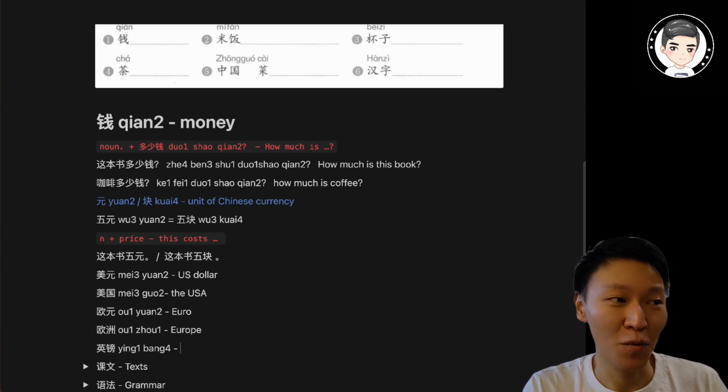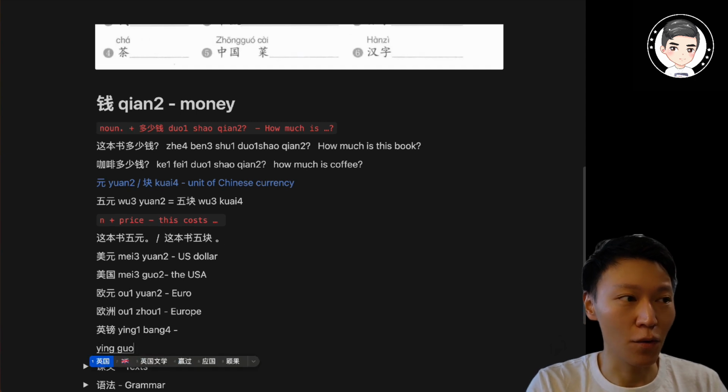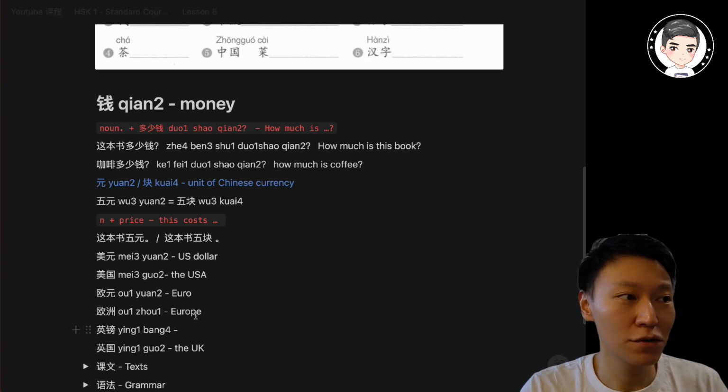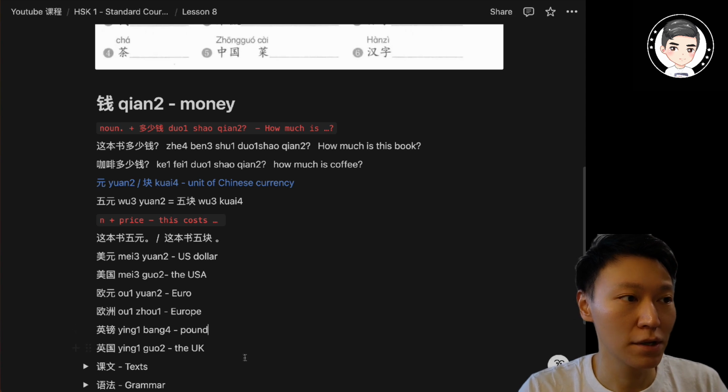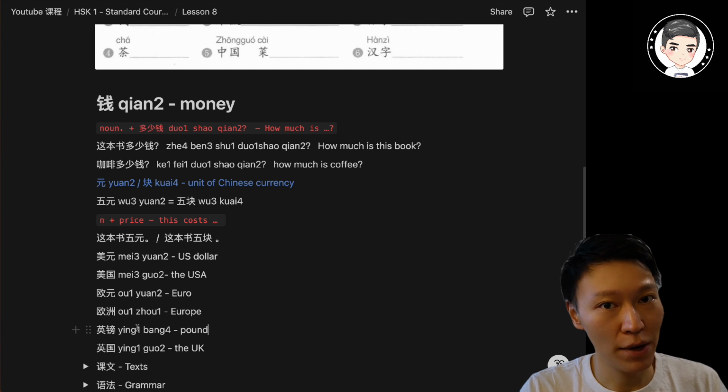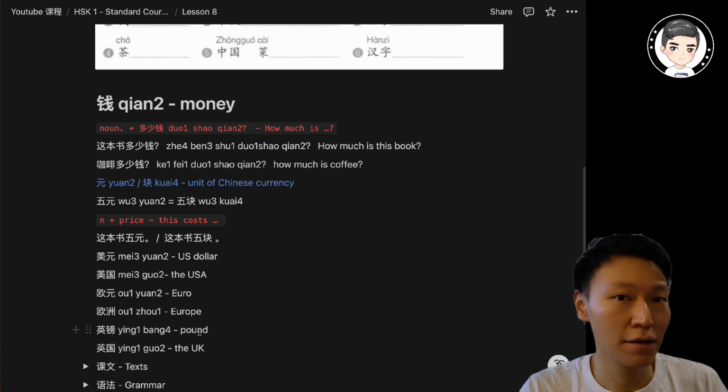Could you guess what it means? If you know England is 英国, the UK, then you should know 英镑 is pound. So 1 pound, 1英镑. 2 pounds, 2英镑. 5 pounds, 5英镑.